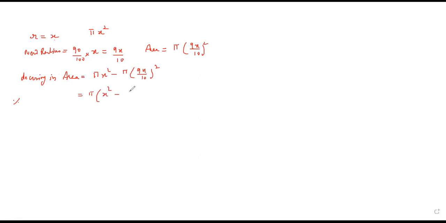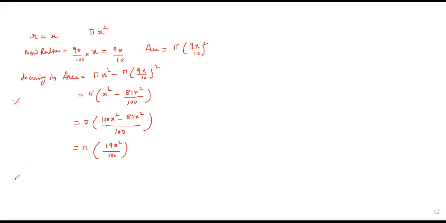Pi x square minus 81 x square upon 100. Pi, this is 100 x square minus 81 x square upon 100. So this is pi, 19 x square upon 100. This is the decrease in area.